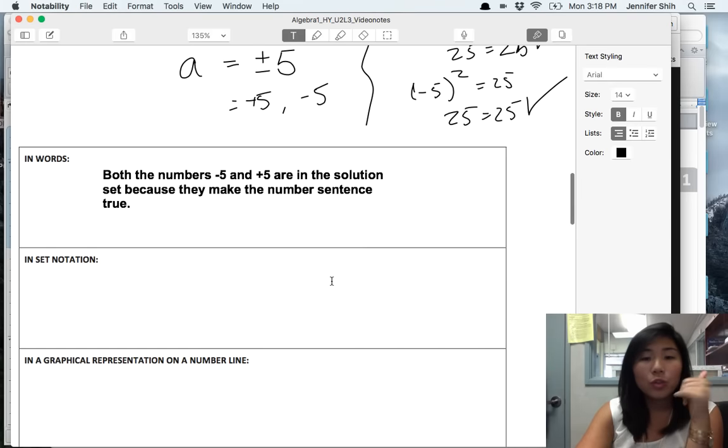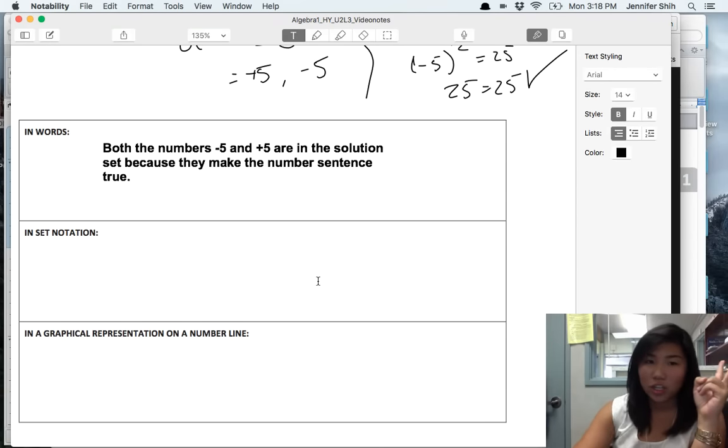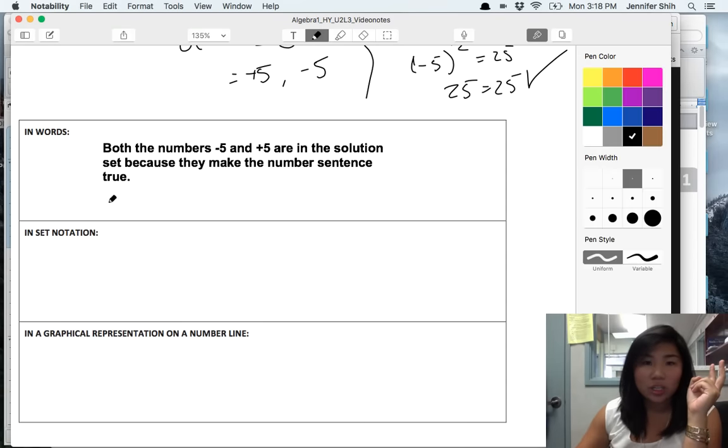Okay, tomorrow in class or the next day, you need to write the solution set three different ways. One, in words. Two, the second way is set notation. Set notation is just fancy math type.